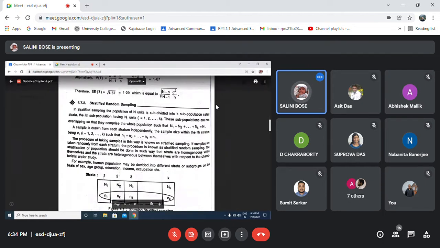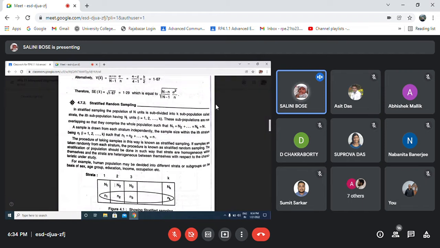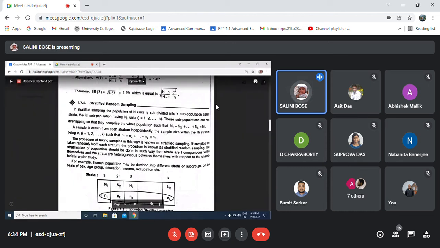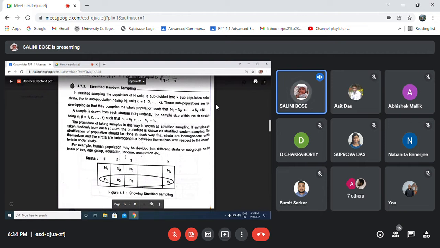Just see this. Suppose the total population is N. Each total population N is subdivided into N1, N2, N3, and so on up to Nk units, with units 1 to k. Clear? So each population unit is called a strata. This is the first strata, this is the second strata, this is the third strata, like this the kth strata.